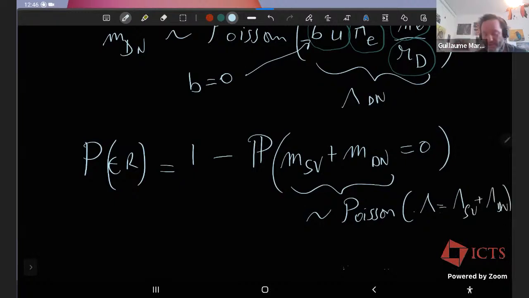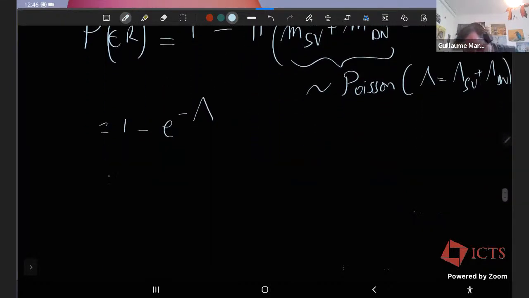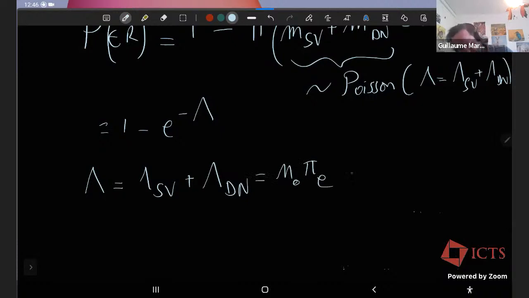So it means that we can compute our probability of rescue. It's going to be 1 minus e to the minus lambda, where lambda is given by lambda SV plus lambda DN, which is really, we factor out N0 times the establishment probability, and we have U over C on the one hand, plus BU over R decay on the other side.